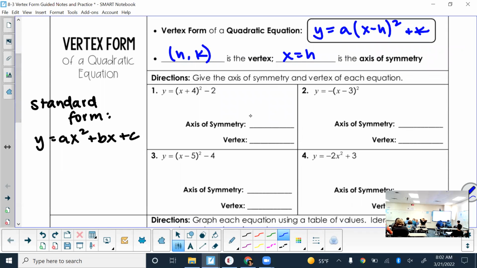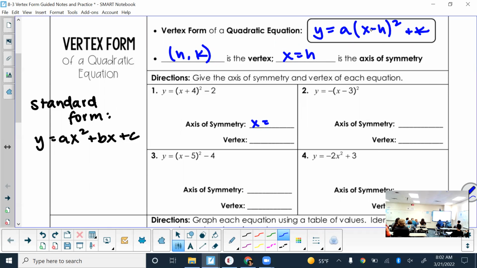All right, so axis of symmetry always needs to be in the format x equals, and when it's in vertex form, it's going to be whatever number is in the h position. So h is in parentheses with the x. It's being added or subtracted from the x. But in the vertex formula, it's minus h.